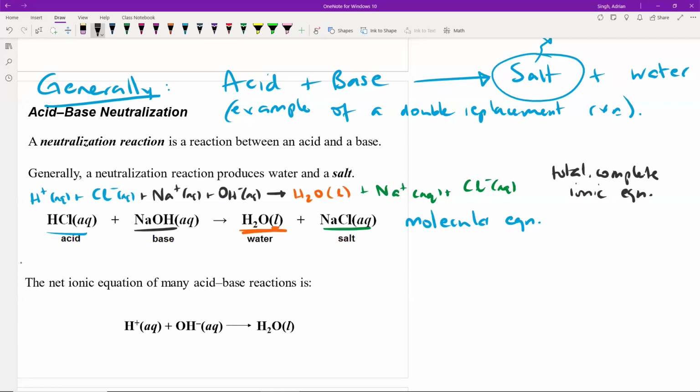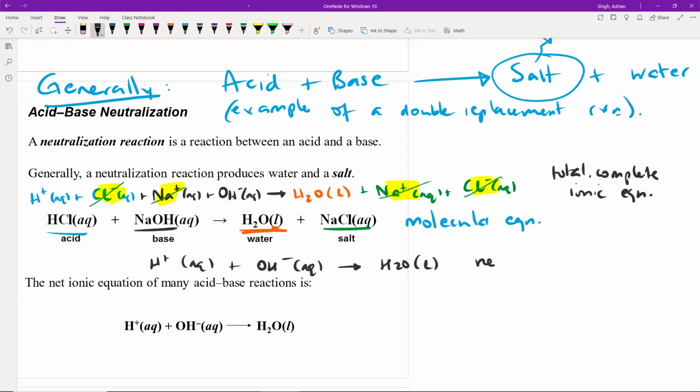I can now cancel out my spectator ions. What is the same on both sides? I have Na plus on the left, Na plus on the right. I have Cl minus on the left, Cl minus on the right. Those are my spectator ions, and I can cancel those out. What I'm left with is H plus, aqueous, reacting with OH minus, aqueous, to make H2O.